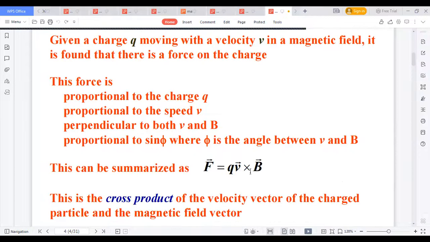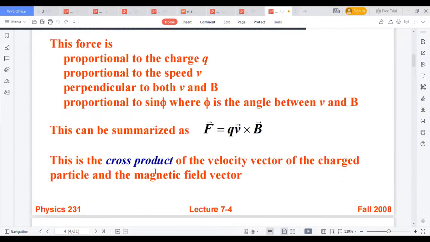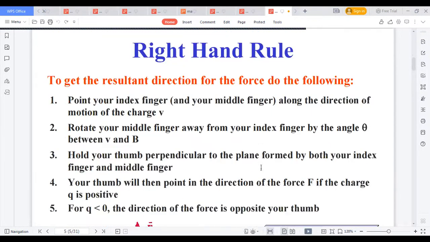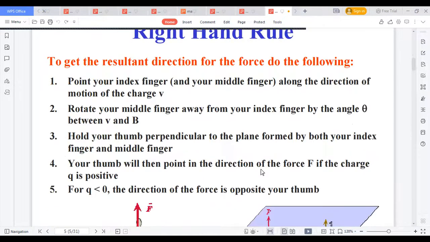This summarizes as F equals q v cross B. So this is the magnetic force equation. This is the cross product of the velocity vector of the charged particle and the magnetic field vector. We can find the direction of this force by the right hand rule.